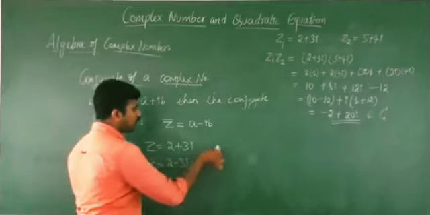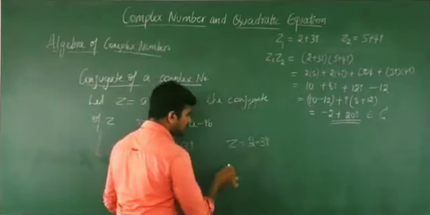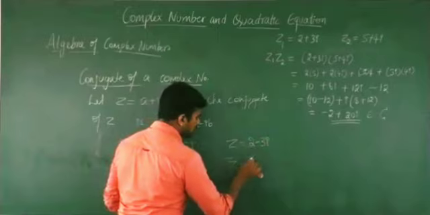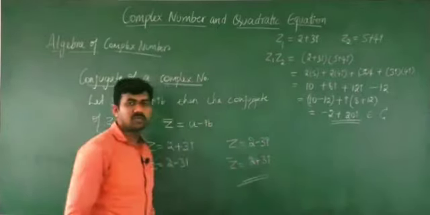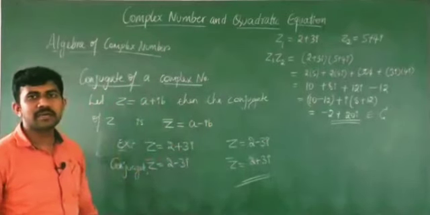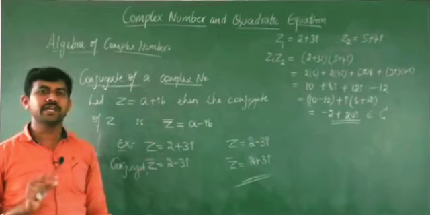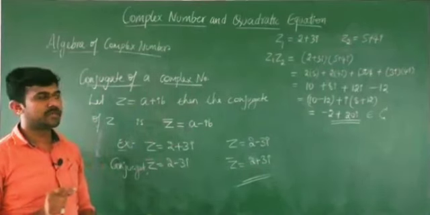If you have a complex number z is equal to 2 minus 3i, then the conjugate of that, z bar, is equal to 2 plus 3i. So remember here, conjugate means when writing the complex number, you have to reverse the sign and rewrite. That gives the conjugate of a complex number.